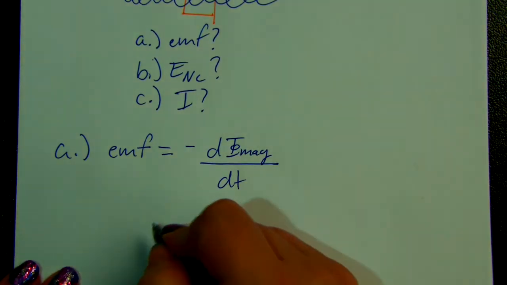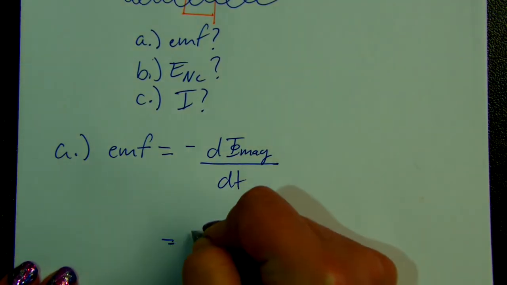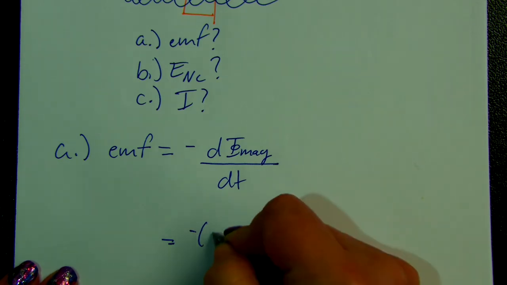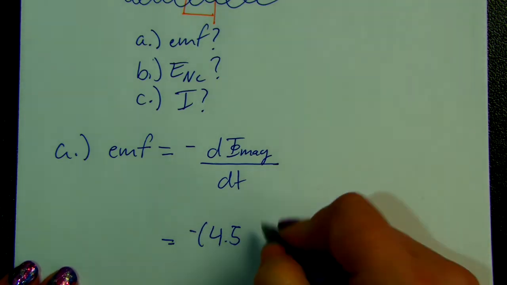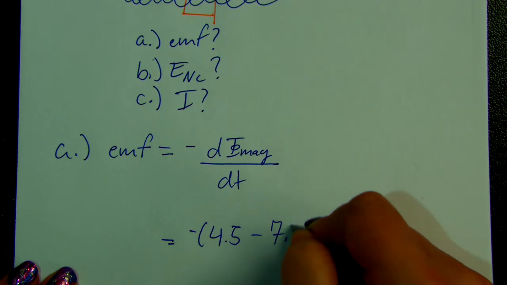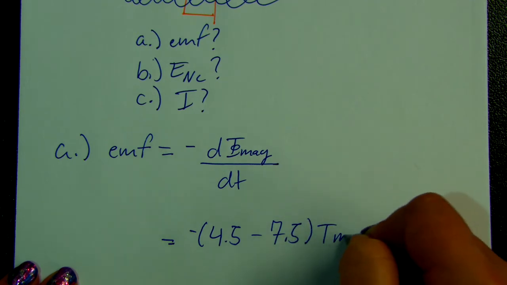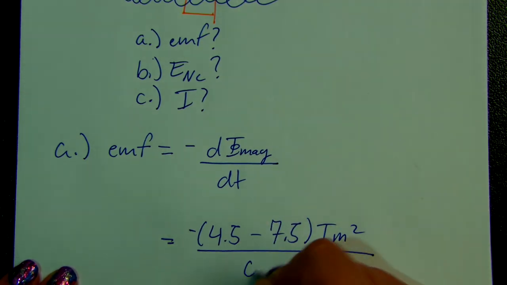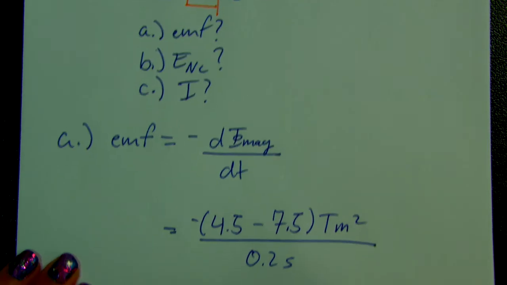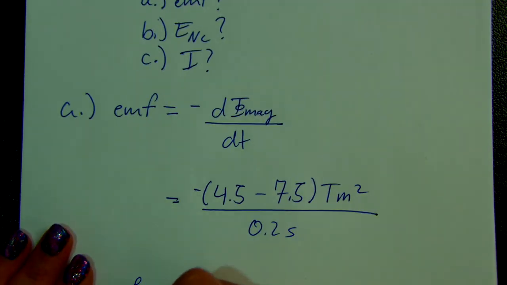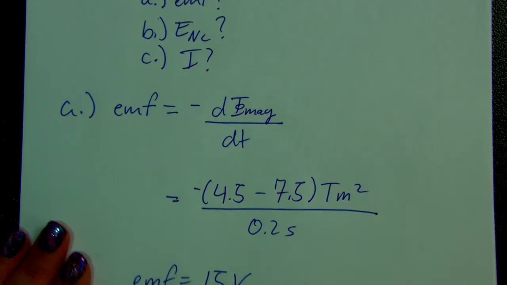So this is equal to minus 4.5 minus 7.5 Tesla meters squared over 0.2 seconds. And so the EMF is equal to 15 volts.